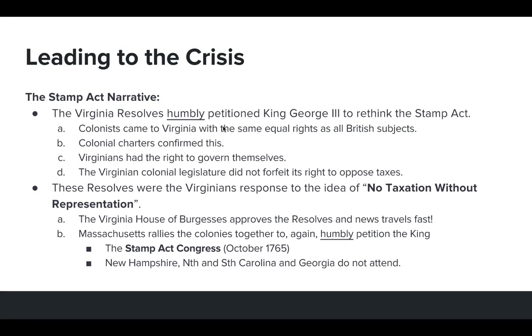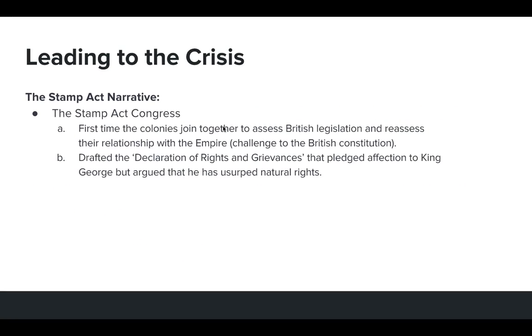But what it's also doing, and what we find out through the Stamp Act Congress, is that it's allowing the colonies to actually join together for the very first time to assess and challenge the British Constitution and the British legislation and the British Empire.